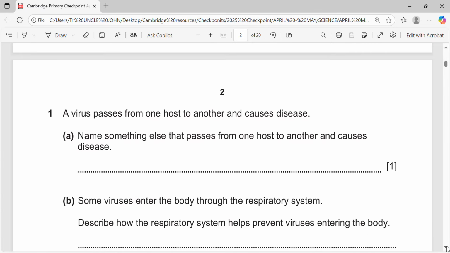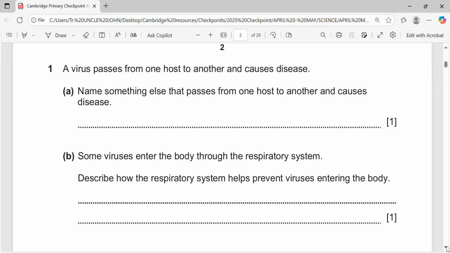It says, a virus passes from one host to another and causes disease. A. Name something else that passes from one host to another and causes disease. You can say bacteria.